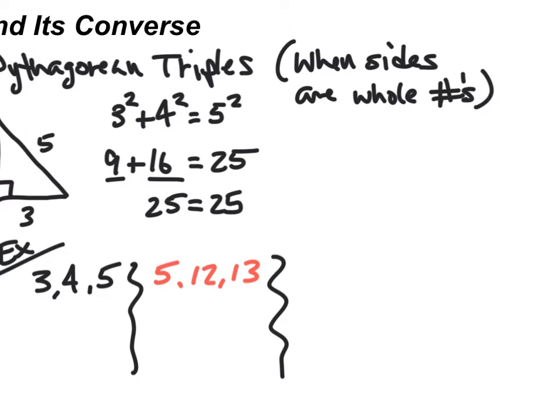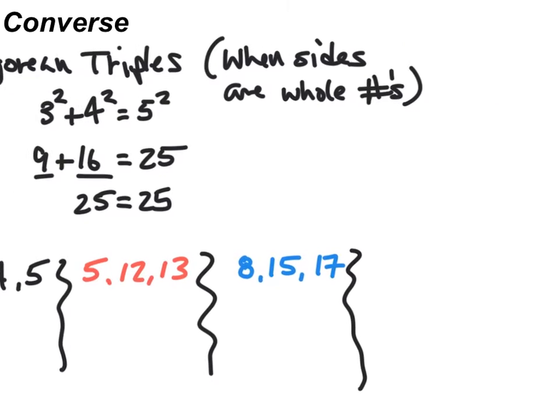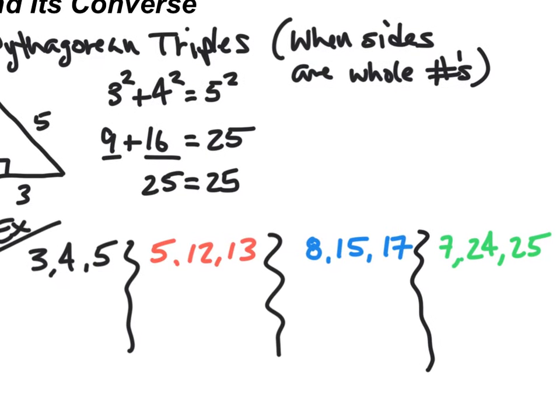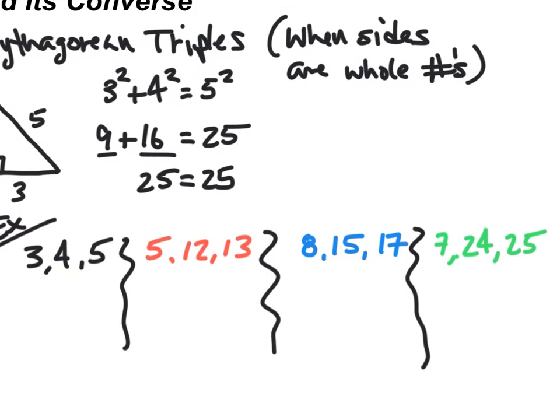Let me choose a different color. 8, 15, and 17. And then the last one is 7, 24, 25. So I'm going to do 7, and then 24 and 25. Now, these will all work, okay? These are all examples of Pythagorean triples, and these are the most basic ones, okay?